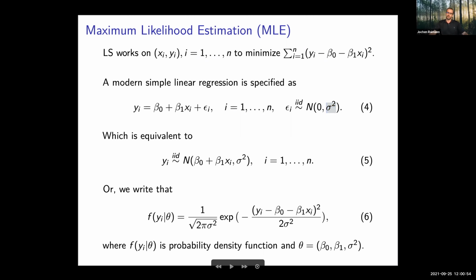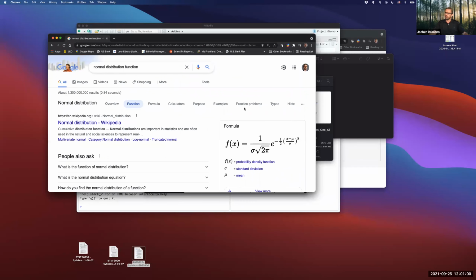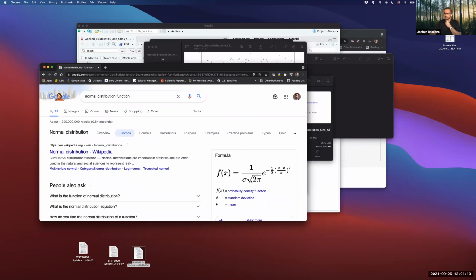I put up this Wikipedia page earlier, so that the formula for the normal distribution is nothing else, and you can easily program this in R. Essentially, this is an exponential function that includes each x, the mean of x and the standard deviation of x, and plotting this allows you to plot the normal distribution curve.